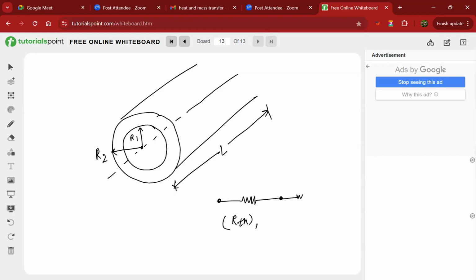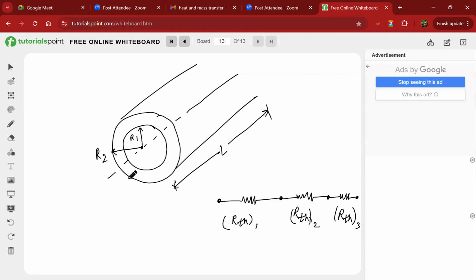Again, thermal resistance. The other circuit is when the heat is getting transferred from the inner surface of the cylinder to the outer surface of the cylinder, and that is given by RTH2. And the third is RTH3, when the heat is getting transferred from the outer surface of the cylinder to the ambient atmosphere, right? So this is the circuit.